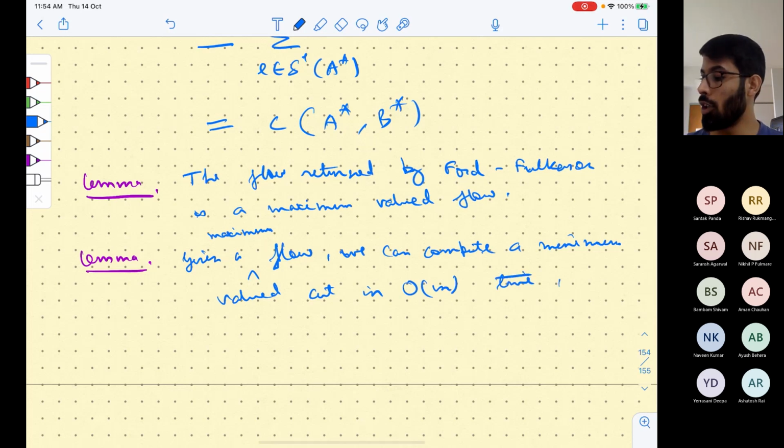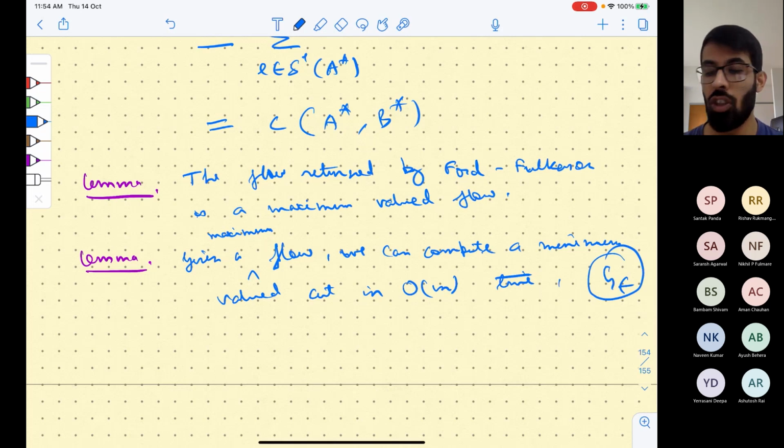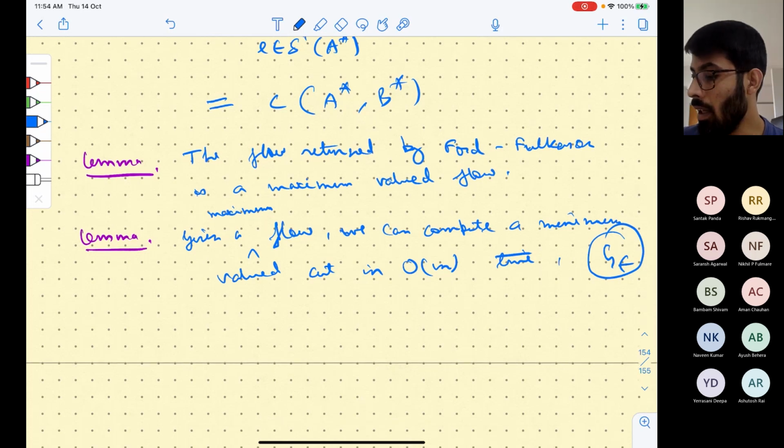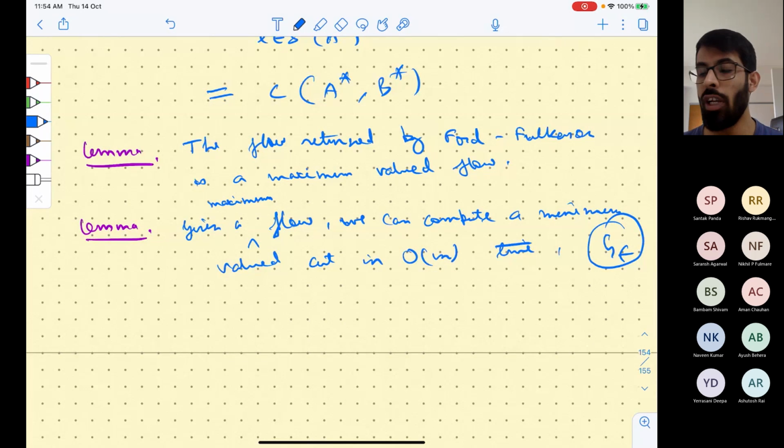You first make GF, and in GF you just go and see which vertices are reachable from S and which vertices are not reachable from S. Right? And for every flow network now you have this property that you can find some maximum valued flow, and for every maximum valued flow there is a cut that satisfies that.